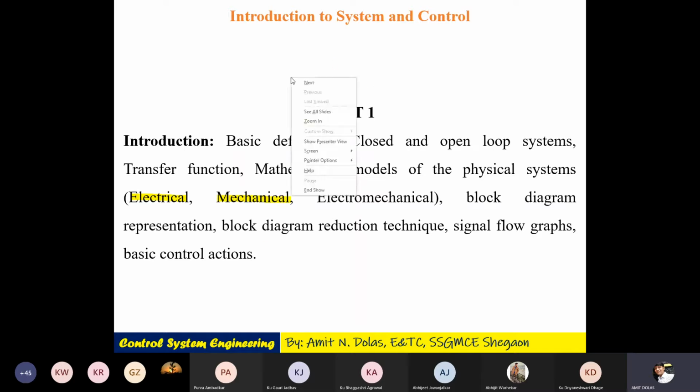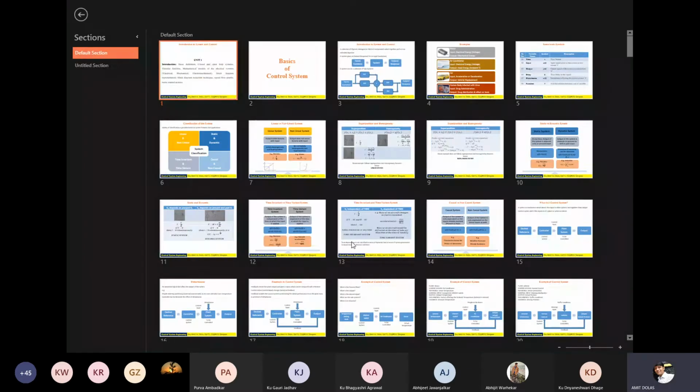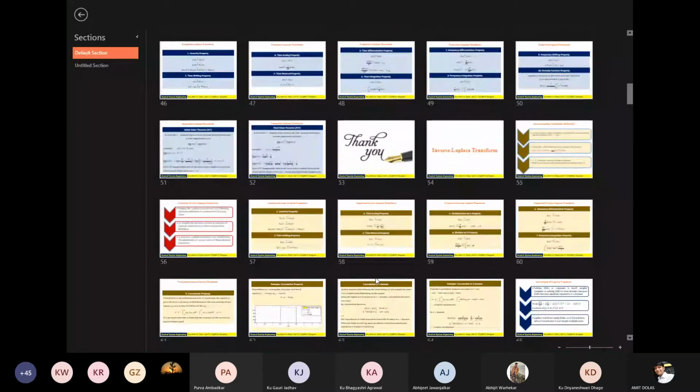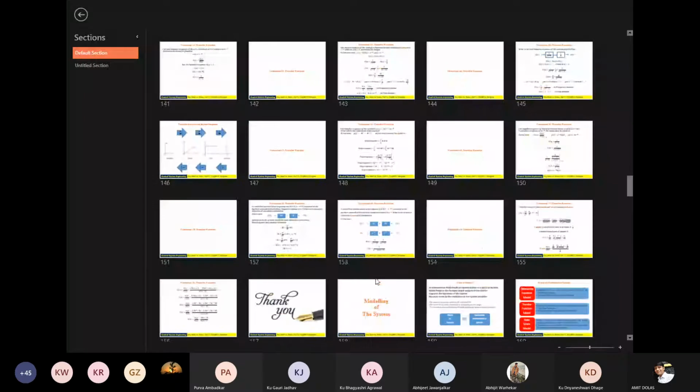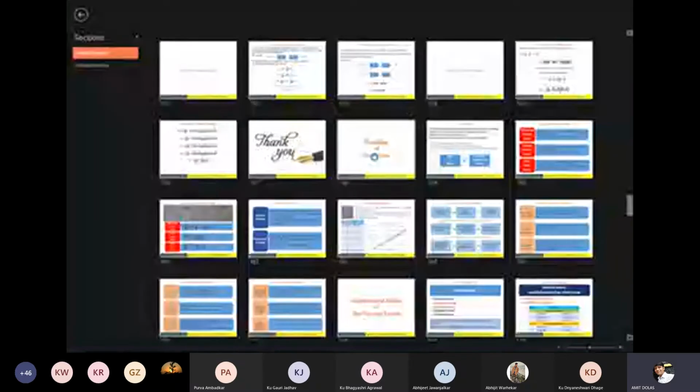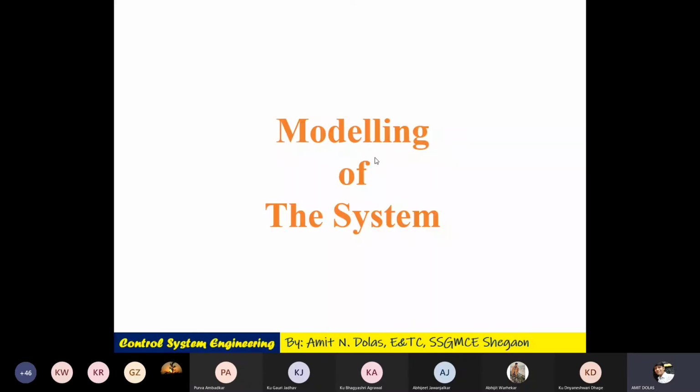Okay, so without wasting time, we'll move to today's topic. I hope you have the PPT on your device, modeling of the system. Okay, so this is the new topic.